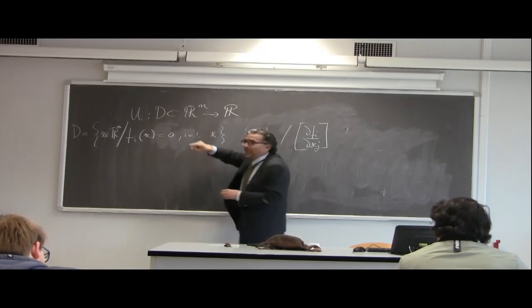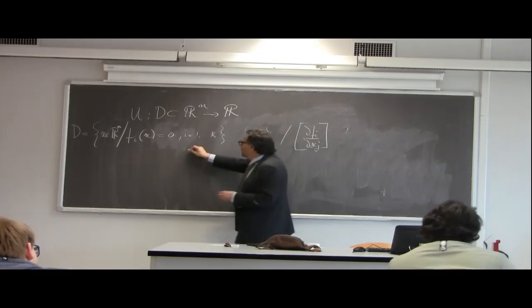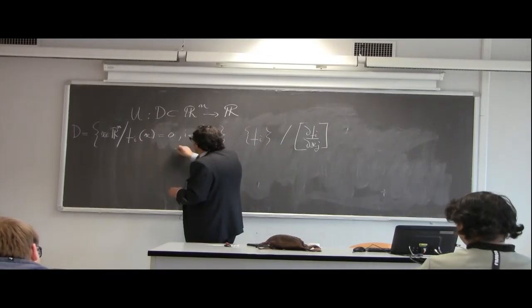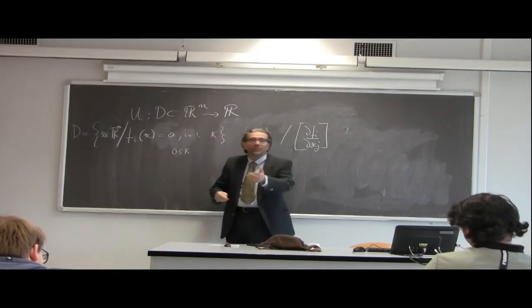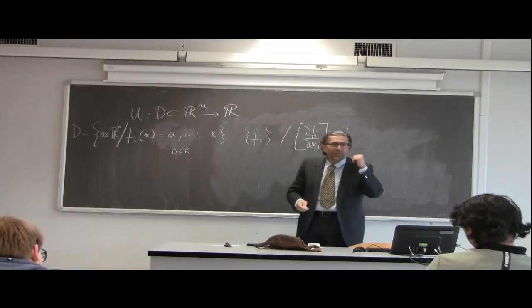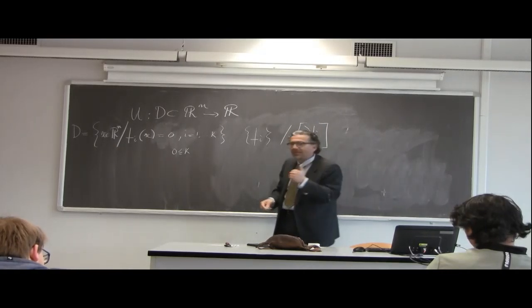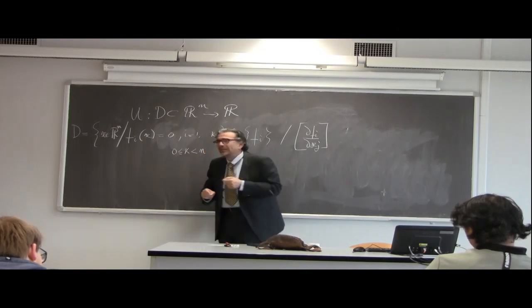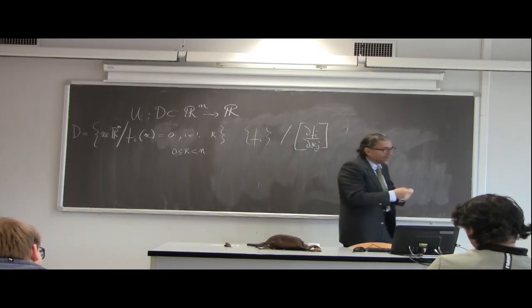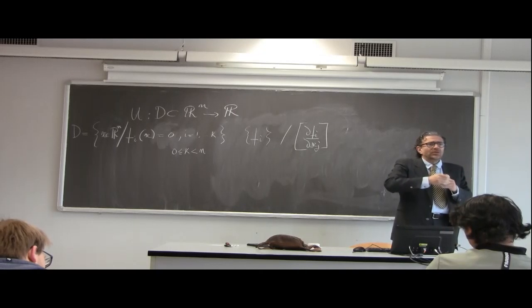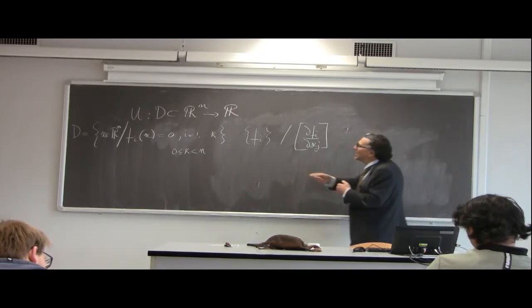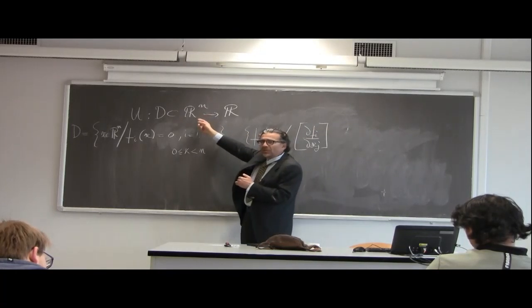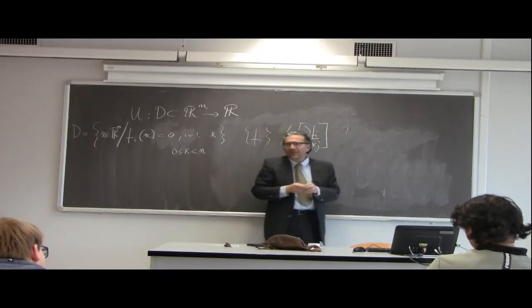We have discussed the fact that k has to be greater or equal to 0. If it is 0, we recover the case we have already discussed, but this k has to be smaller than n, because we want a number of constraints which is smaller than the number of independent variables in Rn.